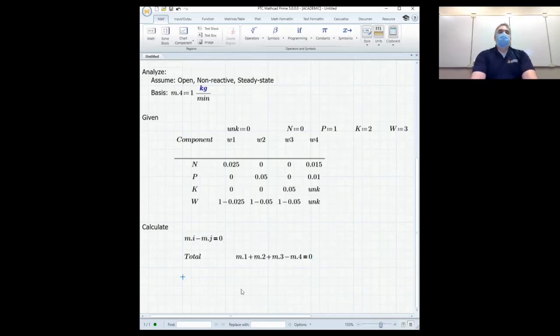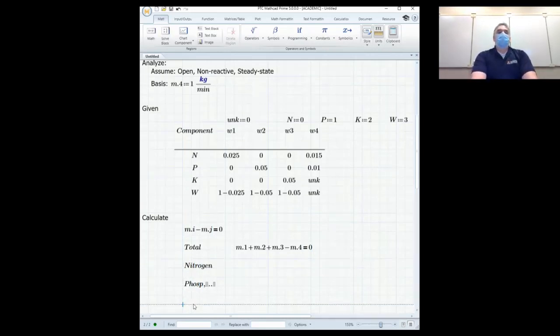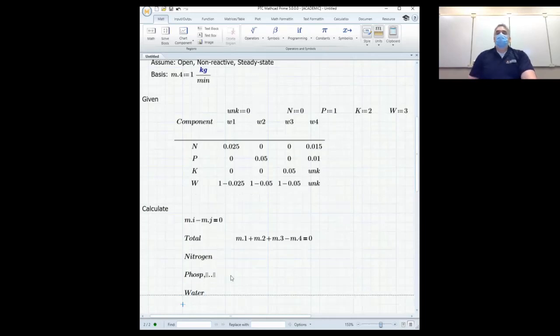But now you can also say the same thing for the nitrogen, the phosphorus, and the water. So if we go down here and make these equations, we can make the nitrogen equation basically as the mass dot 1 of the nitrogen plus mass dot 2 of the nitrogen plus mass dot 3 of the nitrogen.